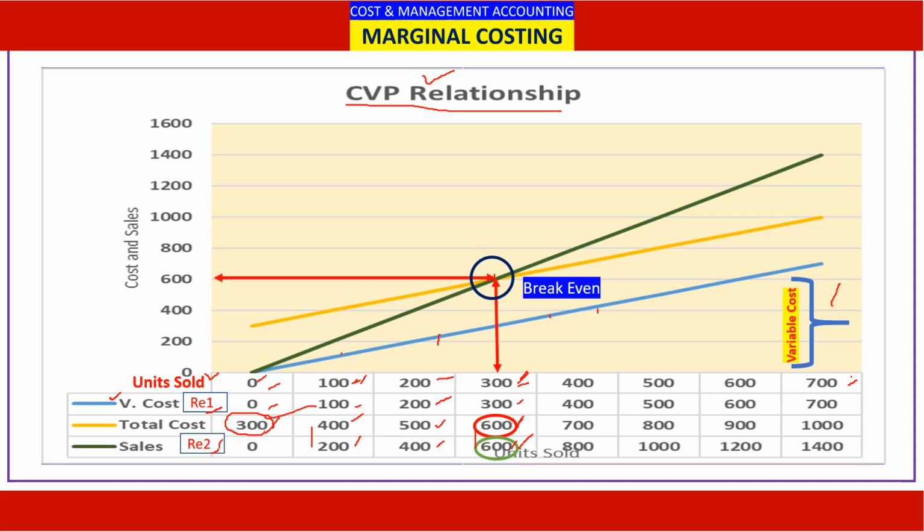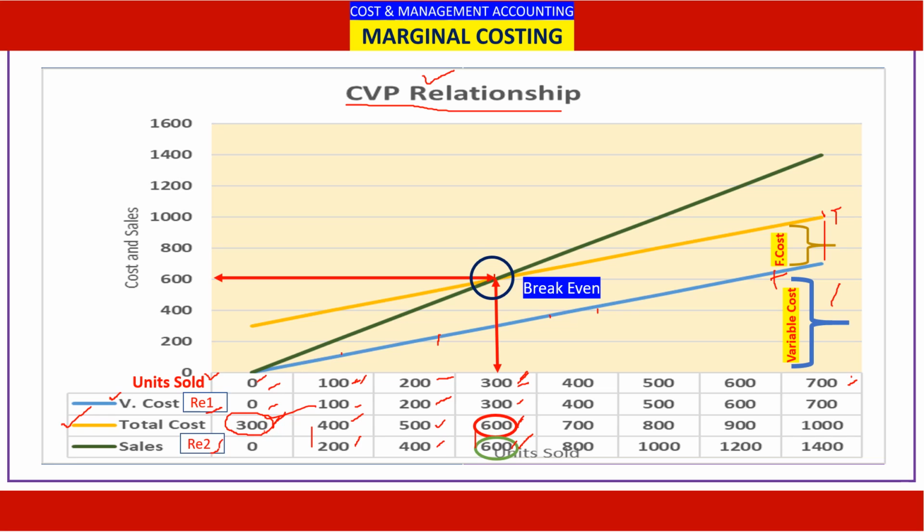And we have got fixed cost of 300 rupees, which is parallel to this. This is 300, and we call it as fixed cost. When you put variable cost and fixed cost, you get total cost. This independently, this particular line talks of variable cost plus fixed cost, which is nothing but total cost.